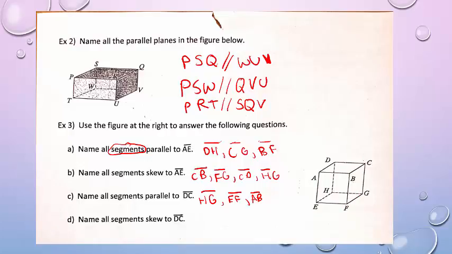And then the last one we're going to do is skew. So we have 4 of them. We have EH, FG, we have BF, and we have AE.